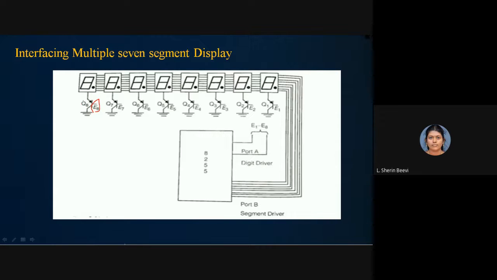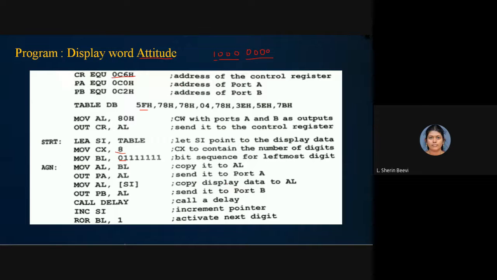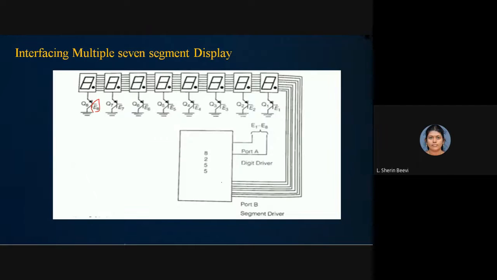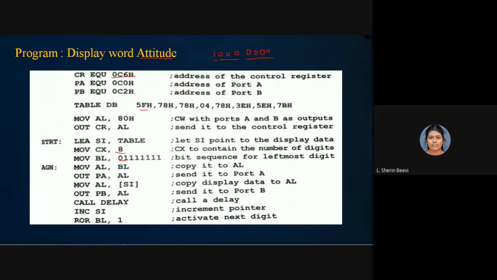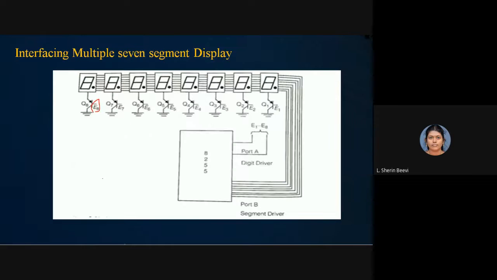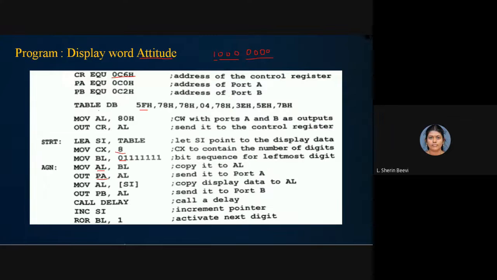Then the first value, 5FH, is moved through port B. Then the A will be displayed on the eighth 7-segment display. So that's why this value is assigned to the BL register. Again the BL register is copied to the accumulator. The accumulator value is again moved to port A. So based on this input, now this E8 value should be changed to the zeroth mode.